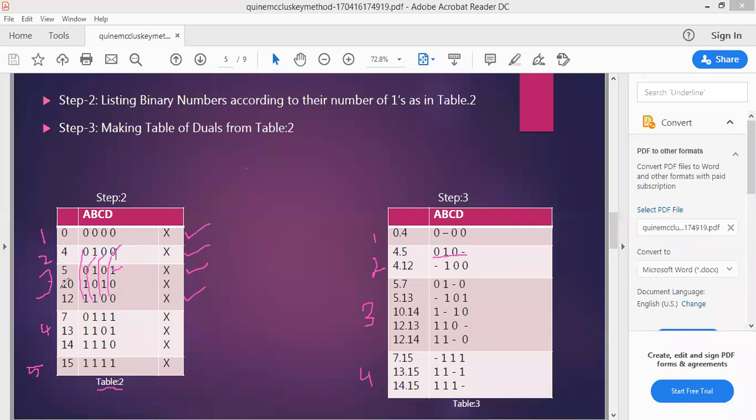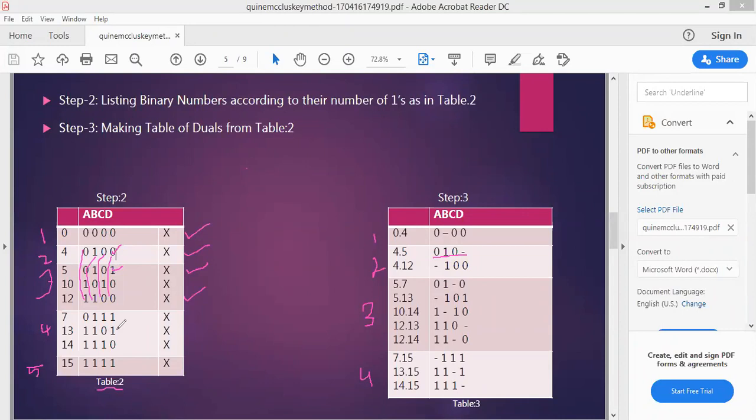So now we will move on to the next grouping. That is, we will try to group group 3 and group 4 with one difference. So here 5 is compared with 7. Is there any difference in 5 and 7? Is there one difference or more than one difference? Can anyone of you answer? One difference, sir. In which bit position? Third.